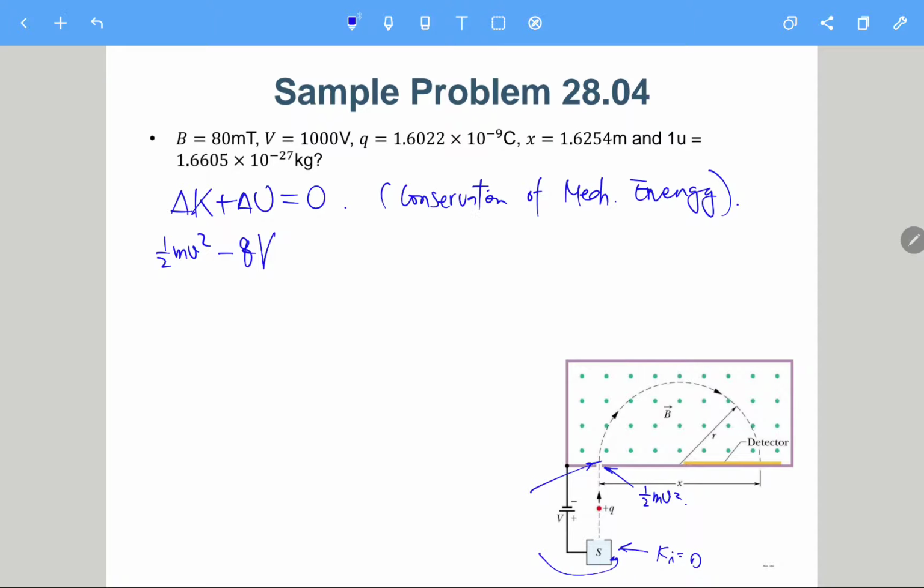So all the electric potential energy converts to the kinetic energy of the particle. So we have v equals the square root of 2QV over m.